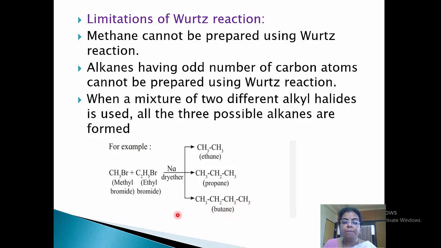This is butane. Now we'll get a mixture of three products, that is ethane, propane and butane. And practically the separation of these three products from each other is very difficult, and therefore we cannot prepare alkanes having an odd number of carbon atoms by Wurtz's reaction.